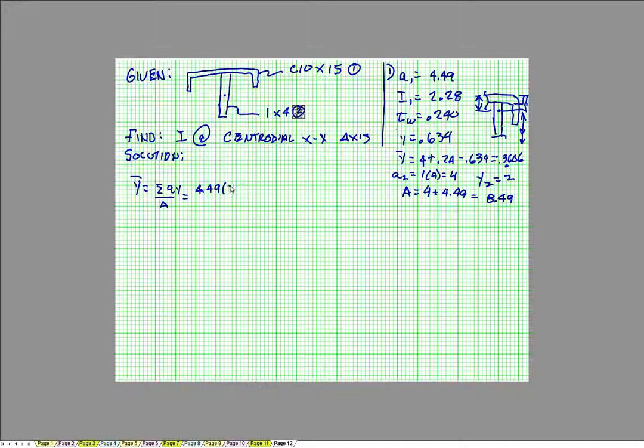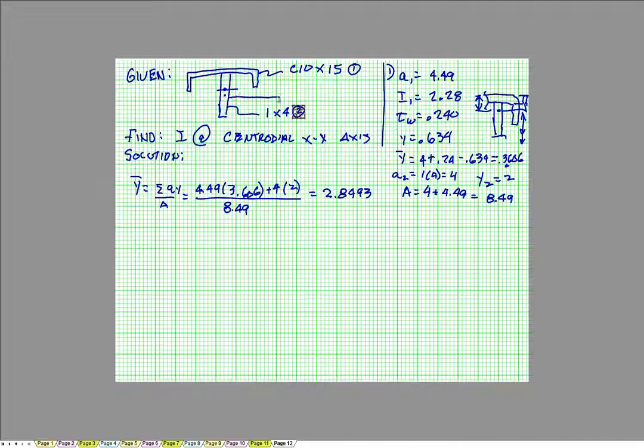There we go. Plus area 2 of 4 times the distance of 2, divided by 8.49 equals 2.8493.